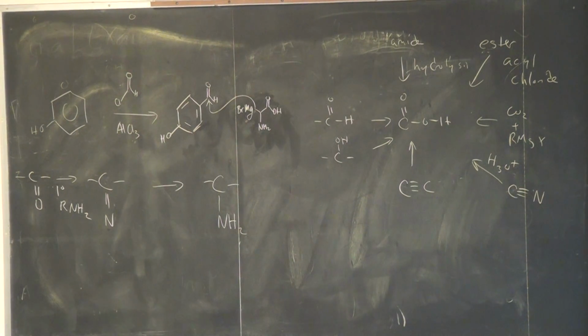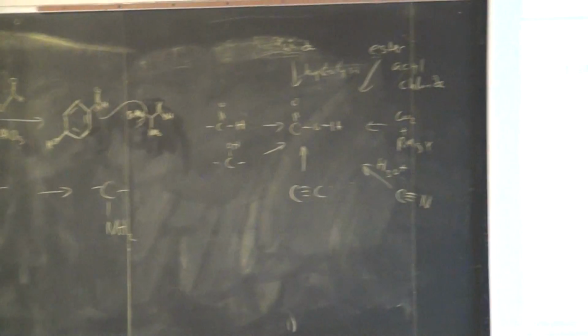So can you go from here to there? Maybe that'll help us figure out how to make this compound. Okay, so start from here. Here are compound A, compound B, and then show the structure of valine. Basically, try that one.